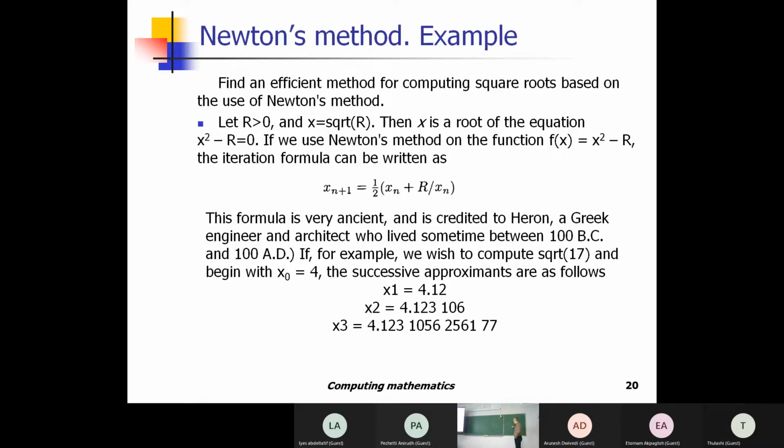Not 3 over 4, but 1 point 3 over 4 in decimal. Use a notation with a point. 1 point 3 over 4.